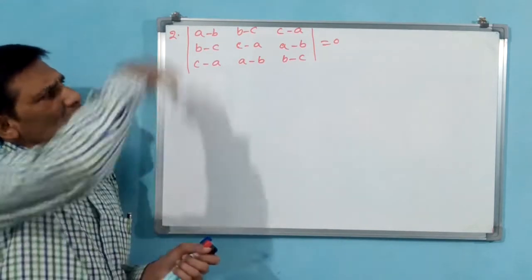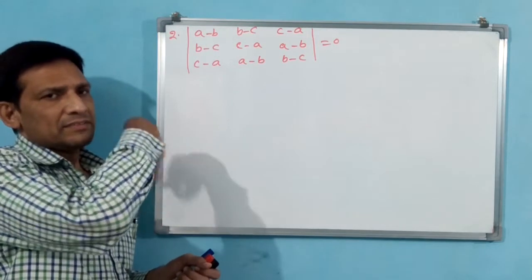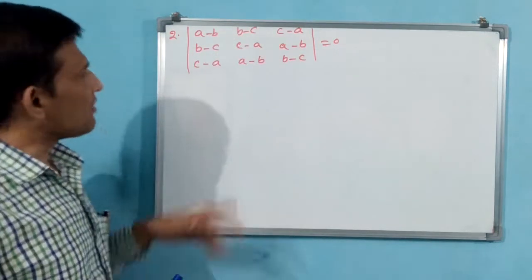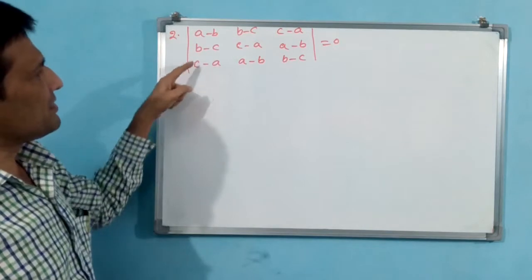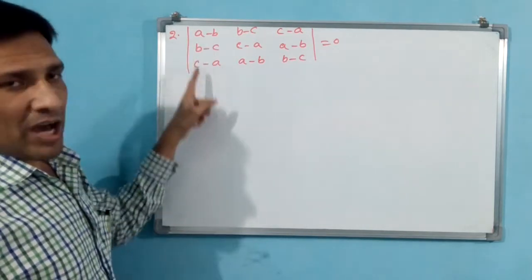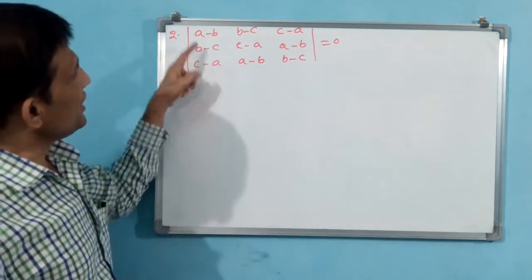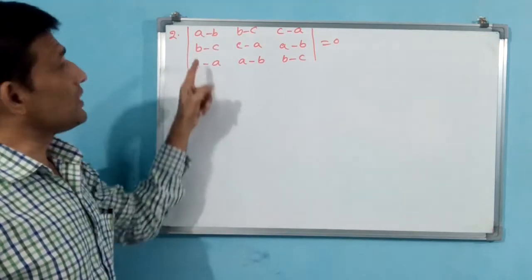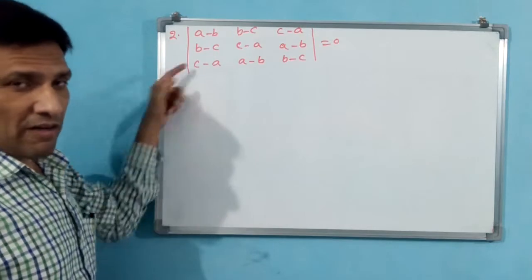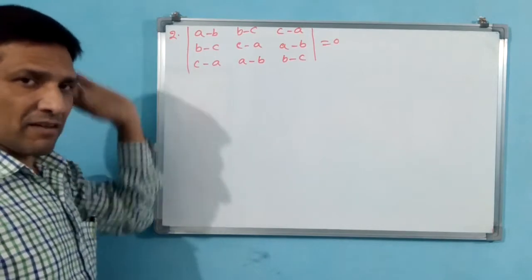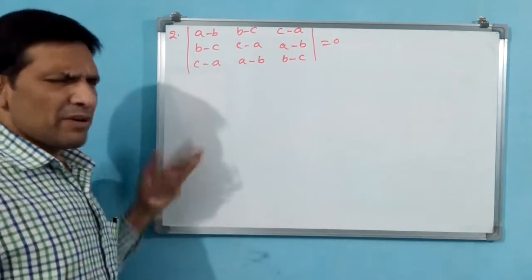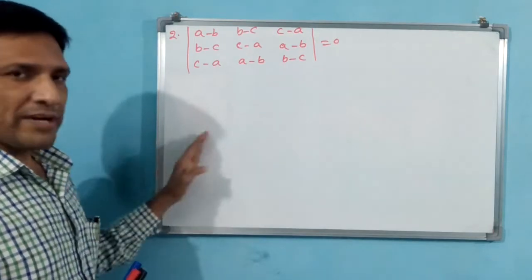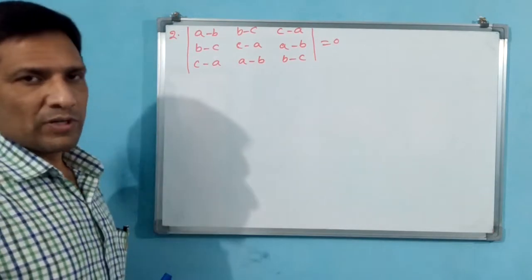Let us see column wise and row wise. Column wise, if you see A minus B, B minus C, C minus A. If I make R1 plus R2 plus R3, A minus A 0 plus B minus B 0 plus C minus C 0. That means here 0 will come. R1 plus R2 plus R3 and I will write it in R1. Wherever you write, that is a different thing, but once you write all elements, you have to write in that row only.